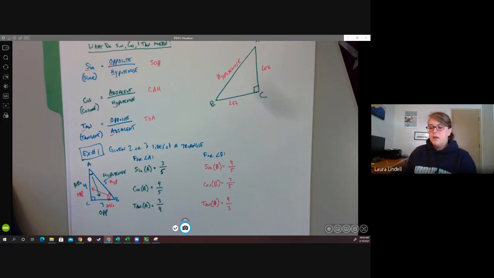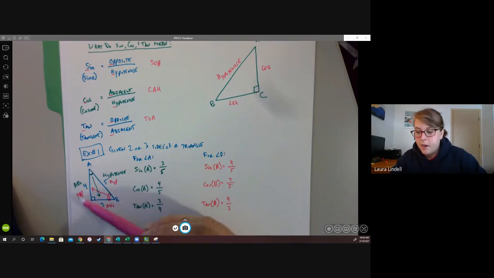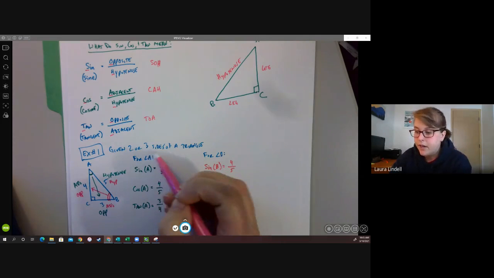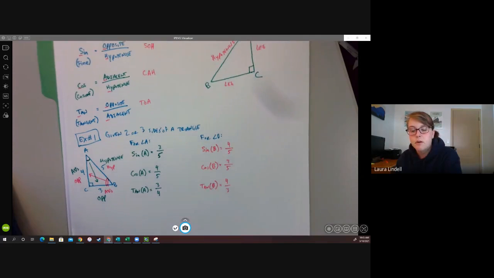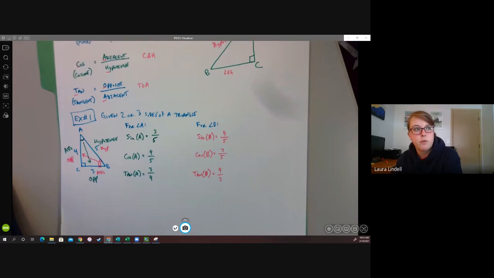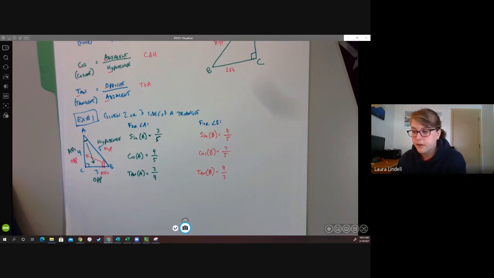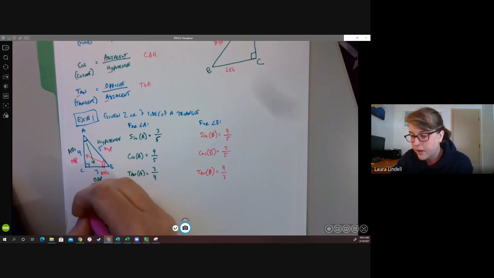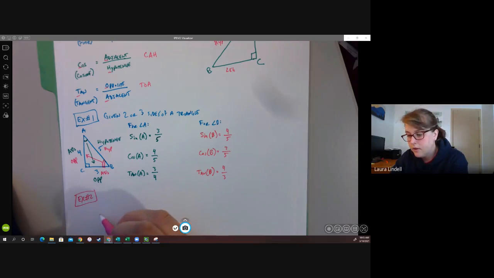Okay. So this is one particular instance or one particular setup or problem that you guys will see, given the 3 sides of a triangle. We're going to do one where we're given just 2 sides, and that'll require a little extra step before we can do the trig ratios. So second example. Given another right triangle here.